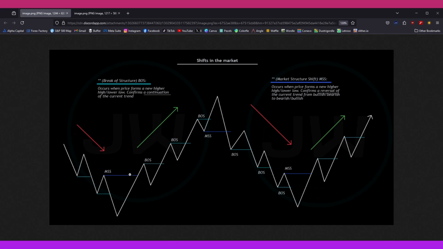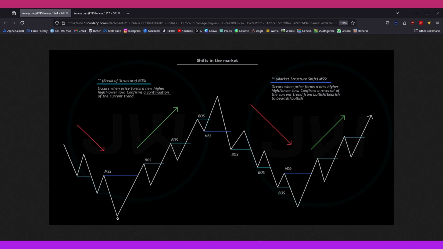So if we look at this diagram right here, we have a bearish structure making lower lows and lower highs. As we break each previous low, we are breaking the current structure and we are continuing the trend, which is the bearish trend.